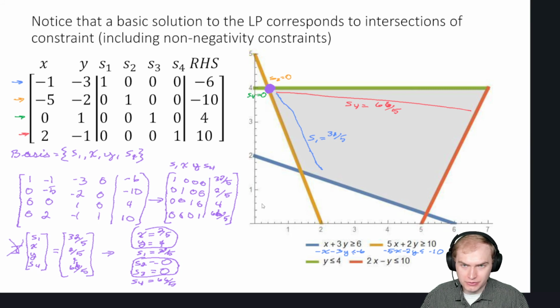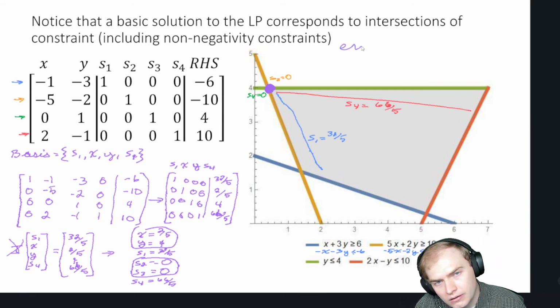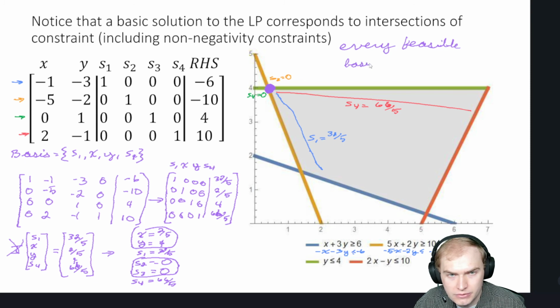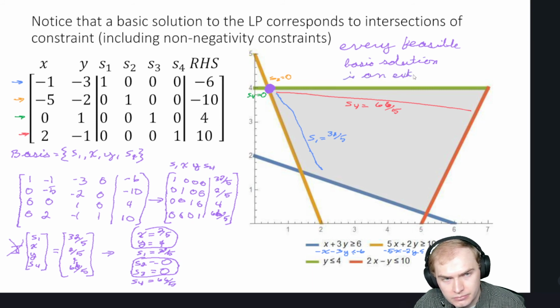So not every basic solution is going to be feasible. Only the basic solutions that have positive values are feasible. And every feasible basic solution is an extreme point.